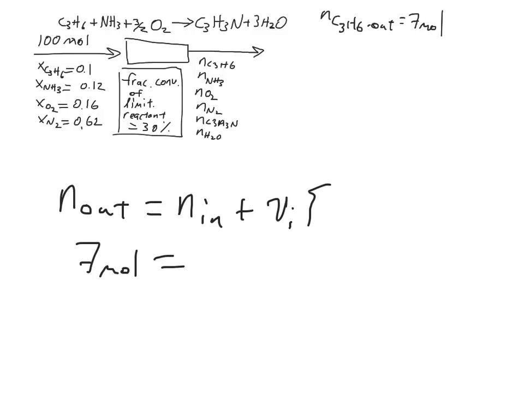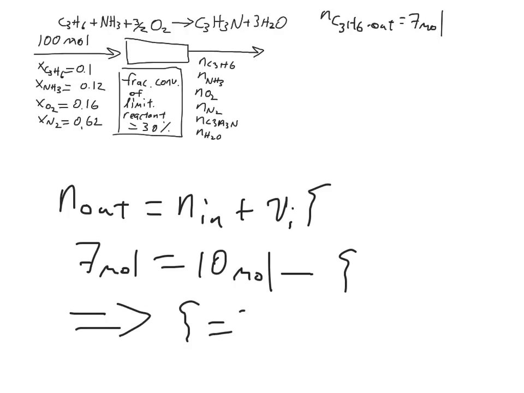And that's equal to the amount coming in, which is 10 moles. And then we have to take into account the stoichiometric coefficient. In this case it's 1, but since it's a reactant, it's -1 times the extent. So here, straightforward, go ahead and solve this for extent. We get extent is equal to 3 moles.